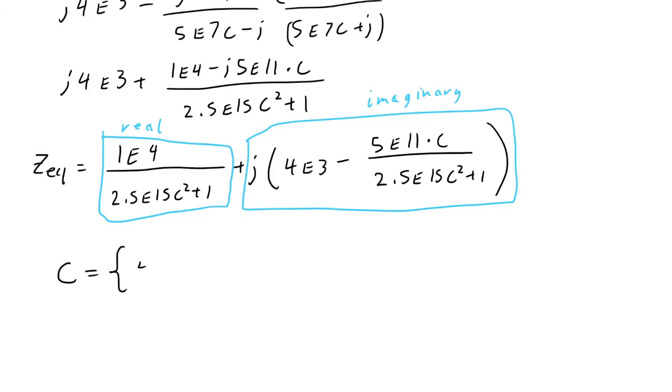You can either get 40e-9 or 10e-9. Both are equally valid. I don't believe there's an extraneous solution to this particular problem. So that's going to be 10 nanofarad or 40 nanofarad.